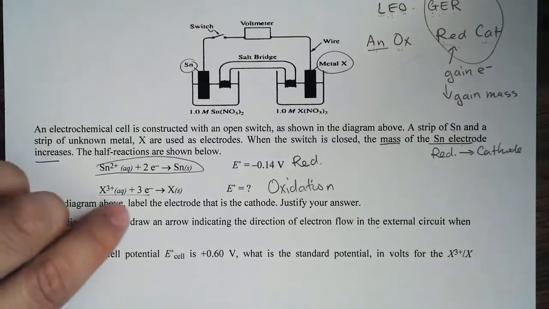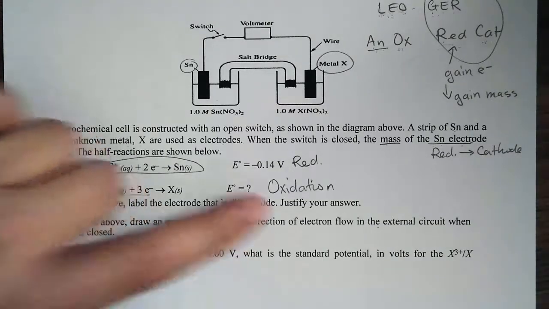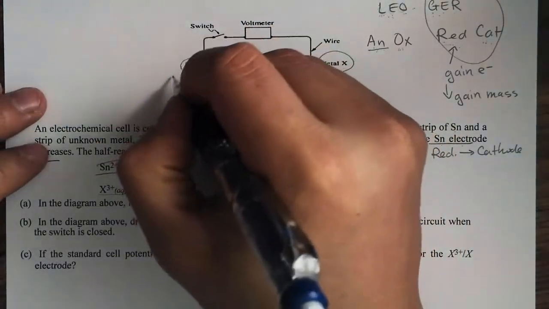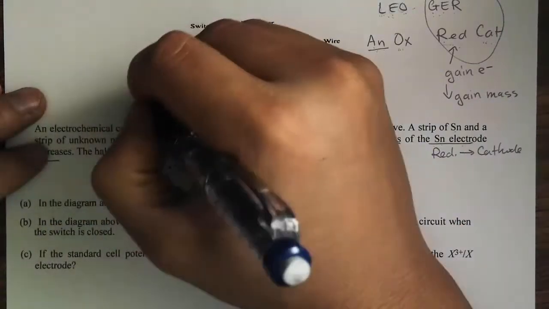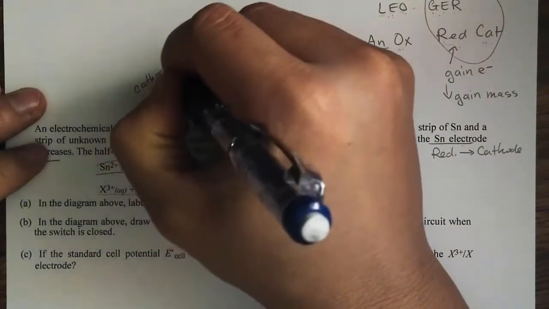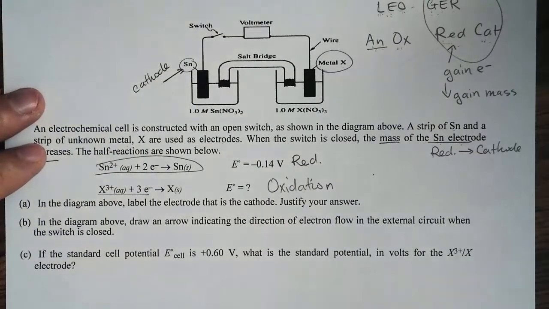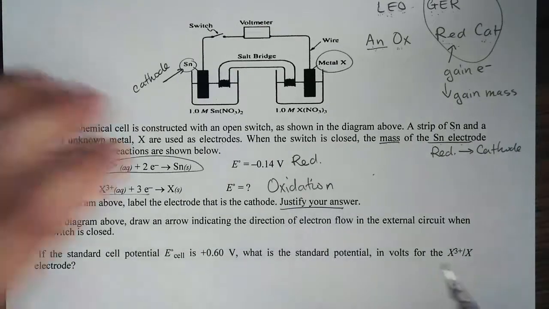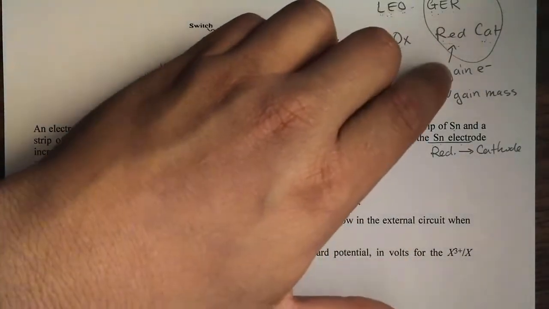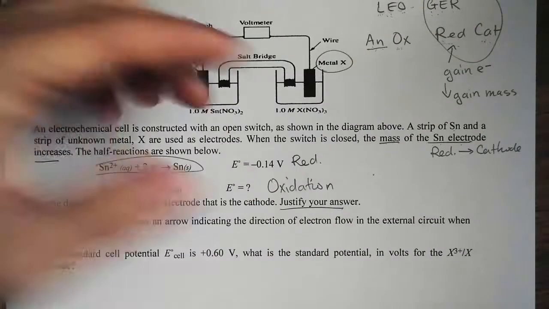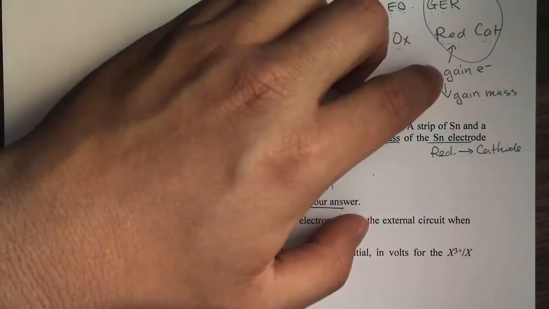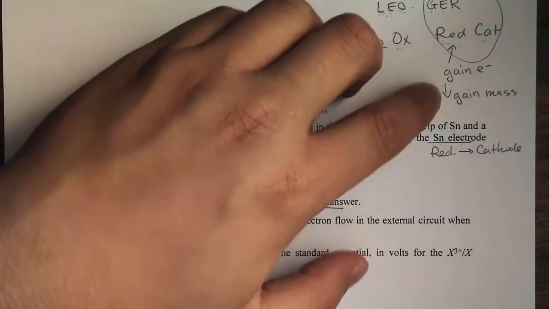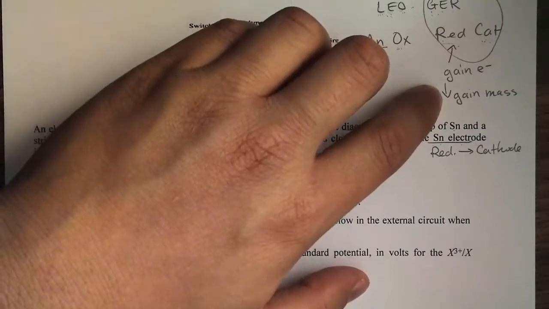So in the diagram above, label the electrode that is the cathode, which we know is going to be right there, Sn. So that would be your cathode. And how do we know? Based on the justification, the fact that reduction gains electrons. So you can write: reduction gains electrons, and the gained electrons will interact with the metal ions, which will convert to metals.